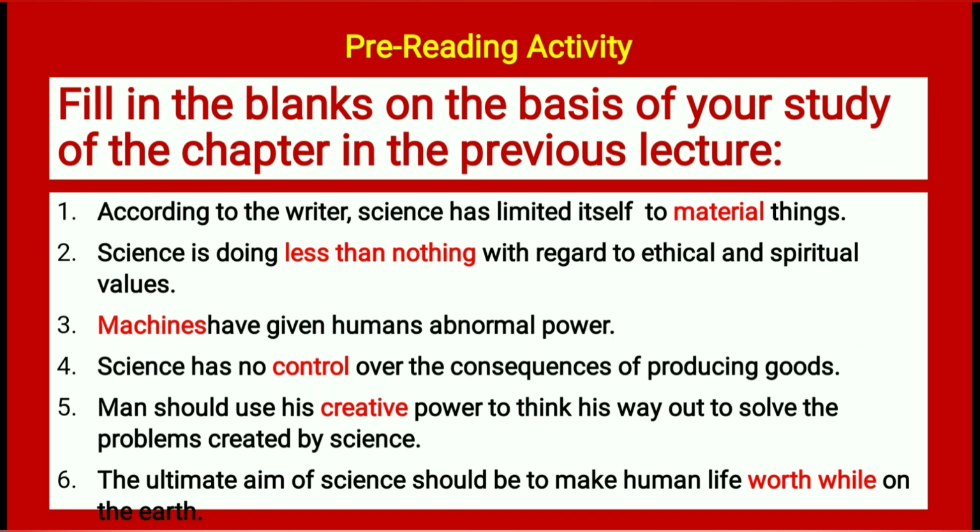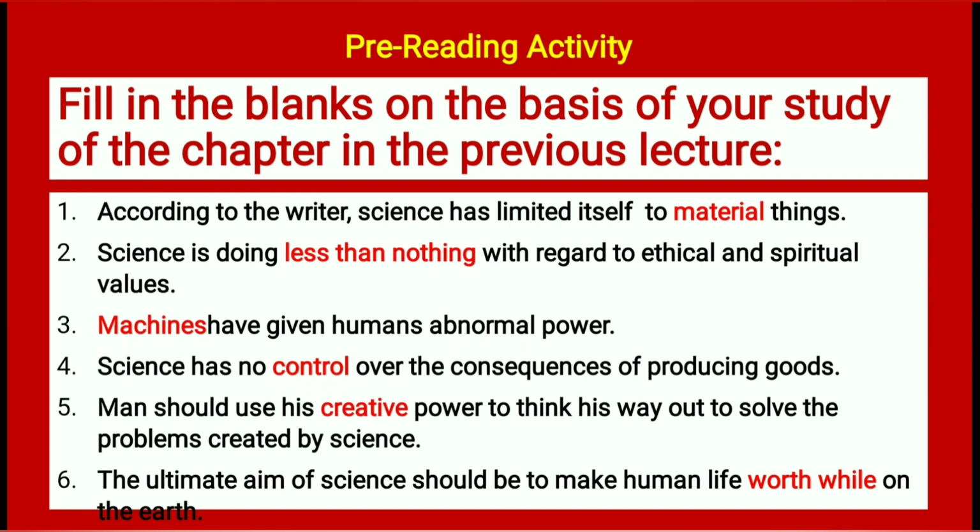Number one is, according to the writer, science has limited itself to material things. Number two, science is doing less than nothing with regard to ethical and spiritual values. Number three, machines have given humans abnormal powers.